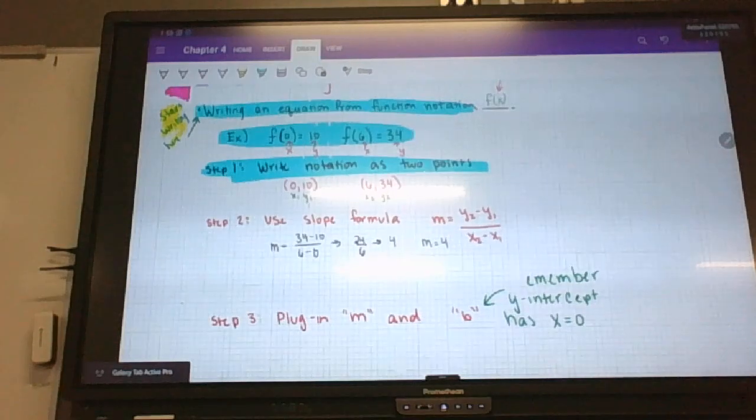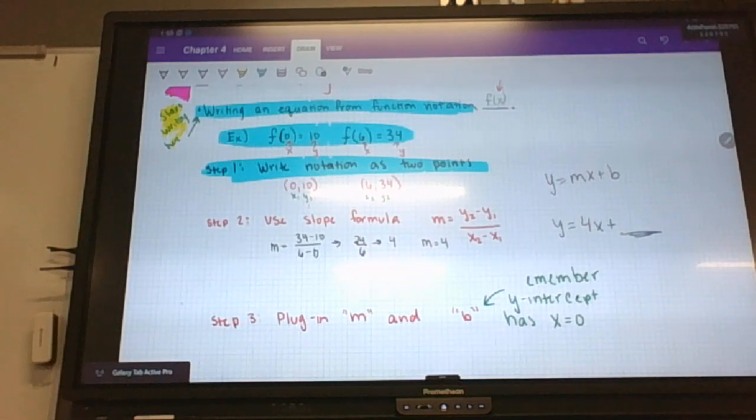Well, remember our goal is to write y equals mx plus b. So just like this one, we are now at y equals 4x plus b. We have to figure out what goes in the b spot, just like we did here.